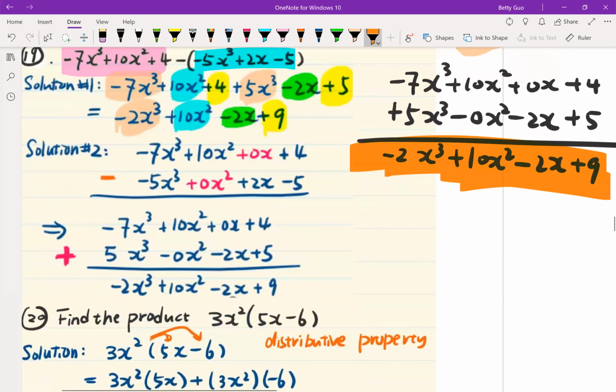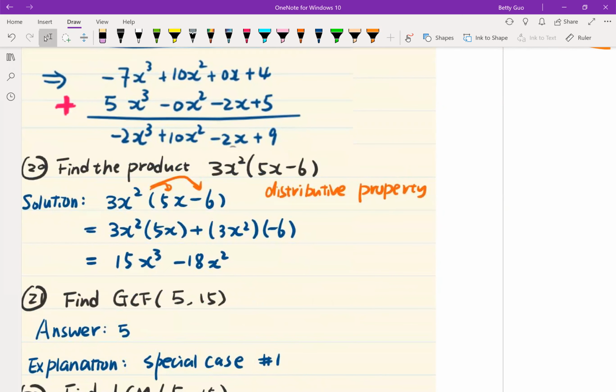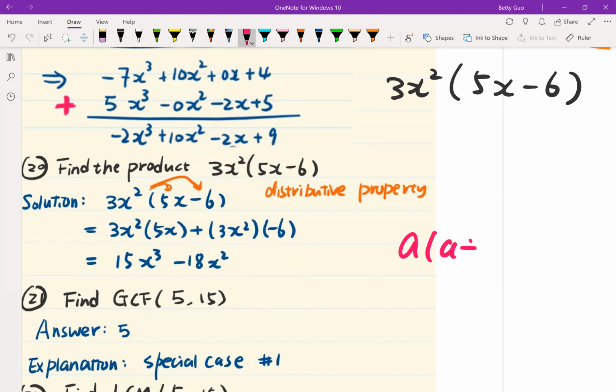Number 20, find the product. The product is a monomial times a binomial. 3x squared is a monomial. Inside the parentheses, we have a binomial. We're going to use the formula for the distributive property. A times B plus C equals A times B plus A times C, right?